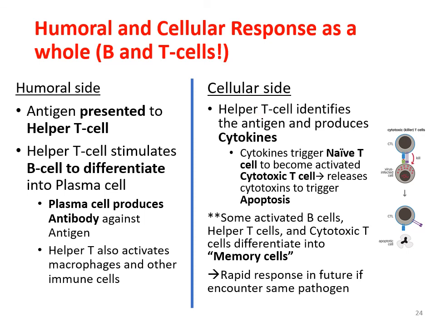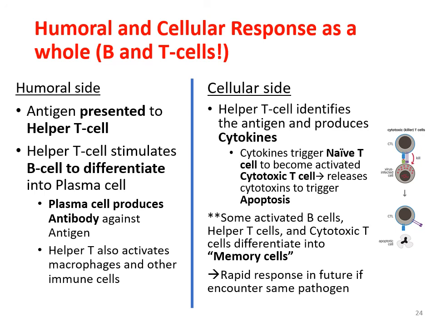Like I mentioned in the last slide, helper T cells are going to help kick things off. So what happens is one of the antigen presenting cells, either a dendritic cell, macrophage, or B cell, remember DMB, will present the antigen, meaning it shows the helper T cell who the bad guy is. It shows it which bacteria or virus is currently infecting you.